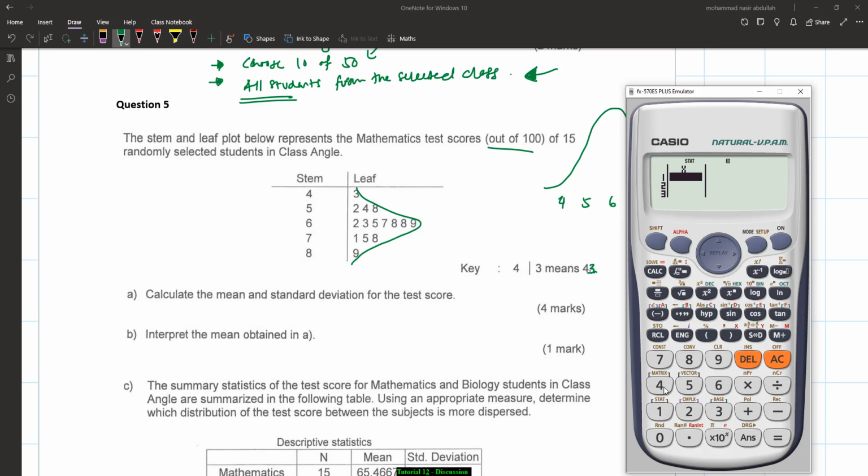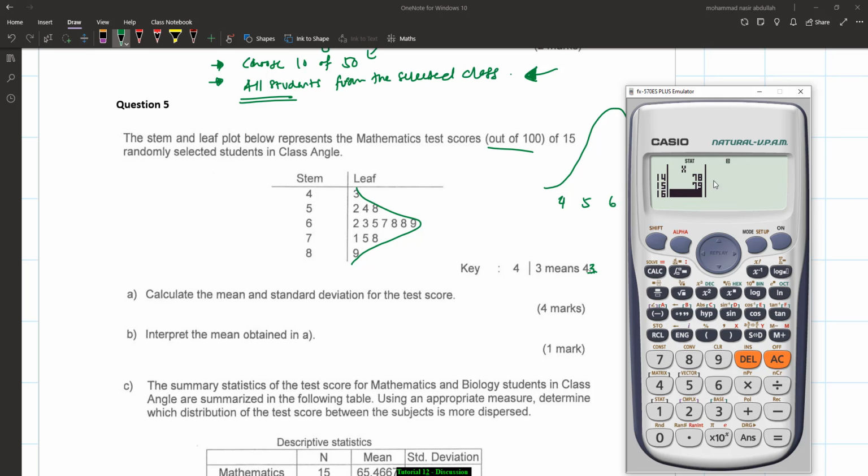Right, so the first value is 43, 52, 54, 58, right, and then 62, 63, 65, 78, 88, 89. Next is 71, 75, 78, 79.